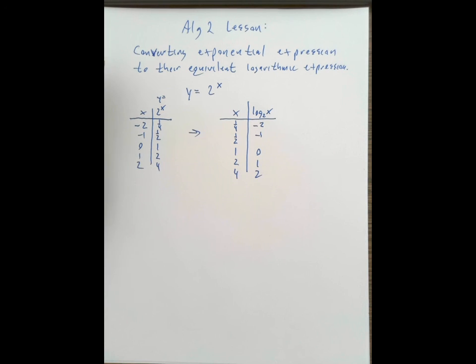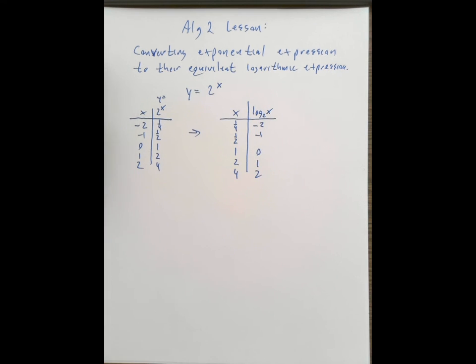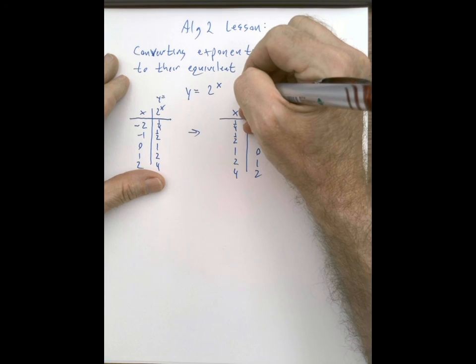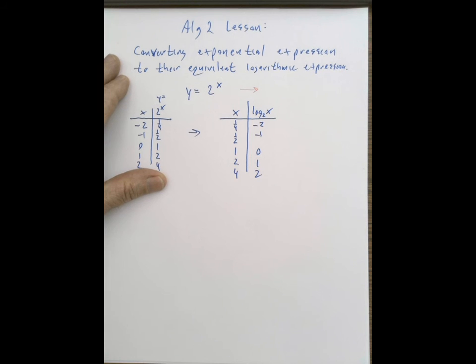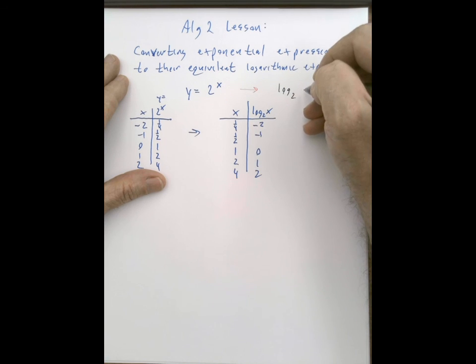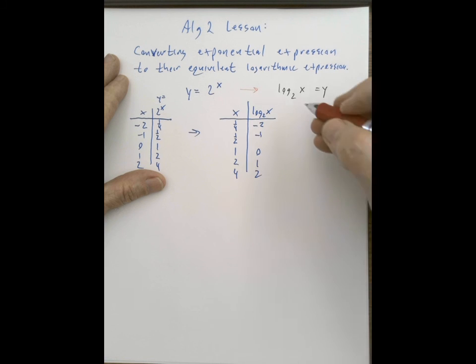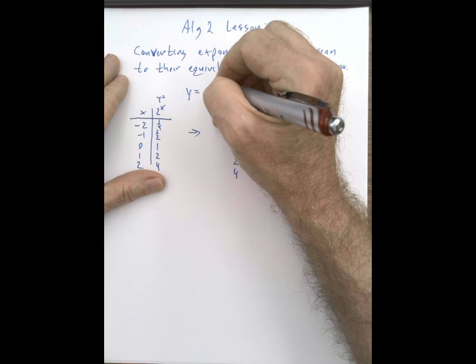And so this is our logarithmic function. In other words, if y equals 2 to the x is the exponential function, then the equivalent logarithmic function is going to look like this: log base 2 of x is equal to y. Keep in mind the base numbers are the same.